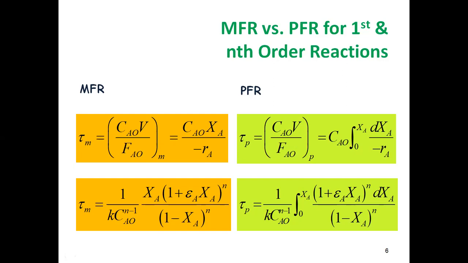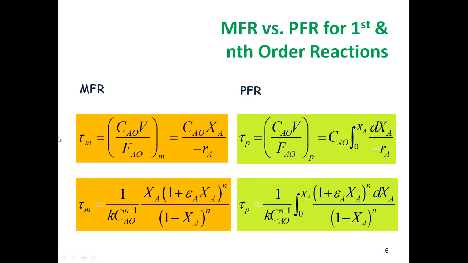Now, for any nth order reaction, if you need to consider epsilon A, whether it's a 0 or non-zero, then you have a more detailed specific formula below. For the mixed flow reactor, for an nth order reaction, and for epsilon A, may be equal to 0 or not equal to 0. This is more specific.